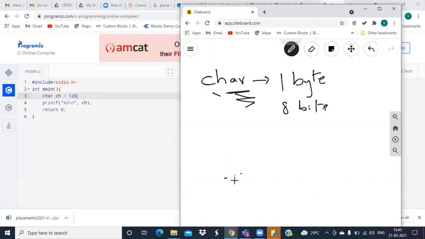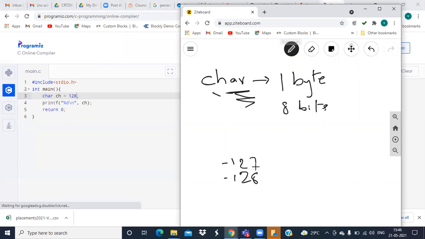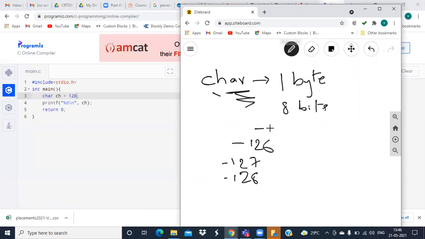Consider minus 128 to 127. If you arrange this range of numbers in a clockwise manner, you get them like this. Somewhere you get a 0, and then you proceed with 1, 2, 3, and so on.